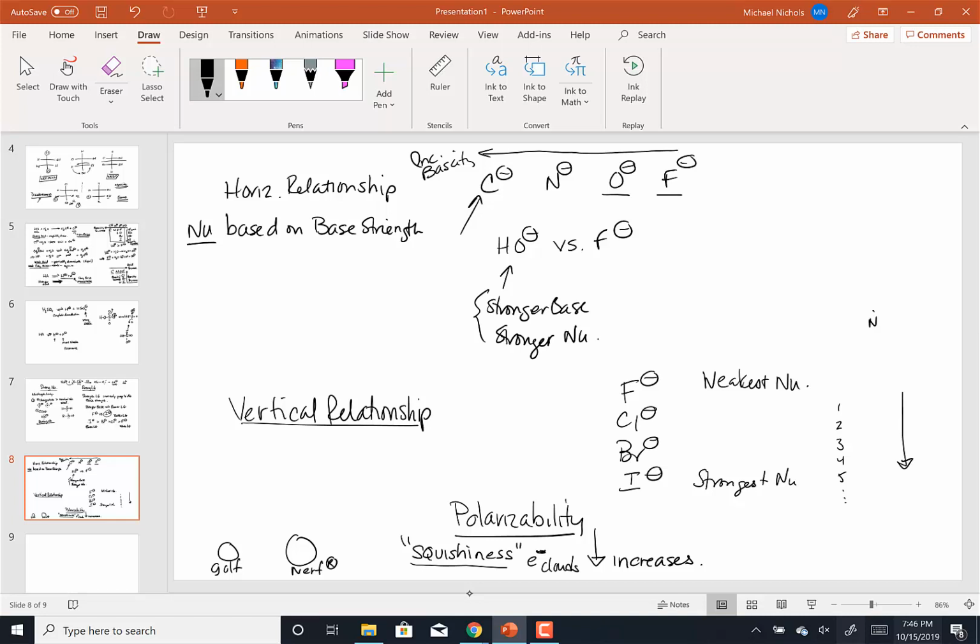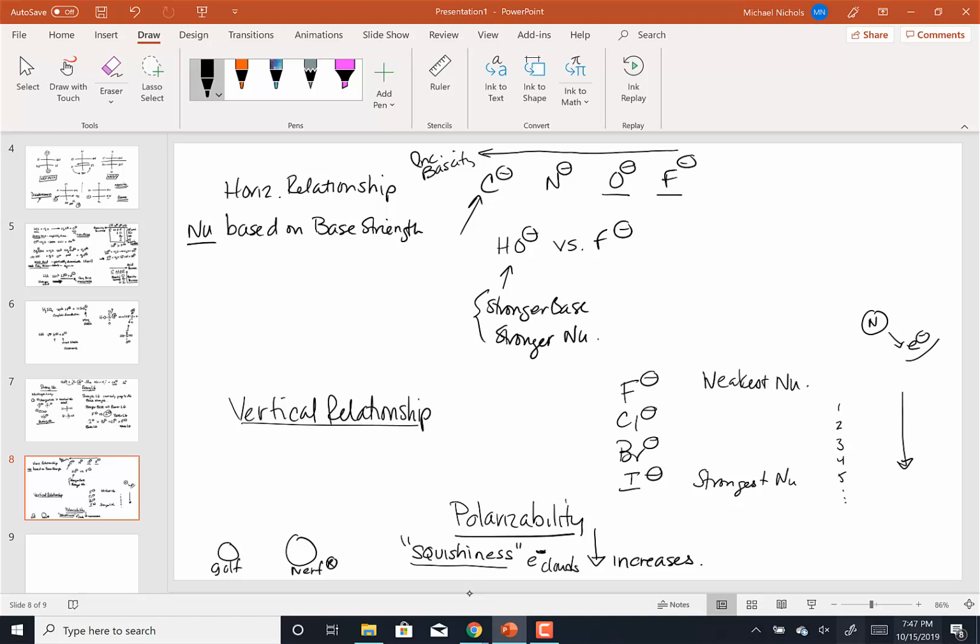And so remember that the farther away the electrons get from the nucleus, the less tightly they're held because of shielding effects of the electrons that are in between them and the distance, etc. So the valence electrons are farther away from the nucleus as we go down the periodic table. If they are farther away, they are held less tightly, and we can deform those electron clouds, hence squishiness.